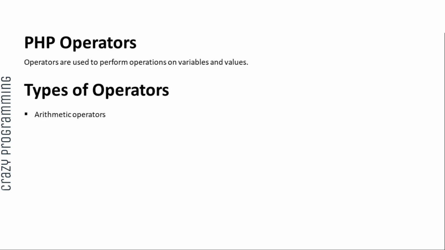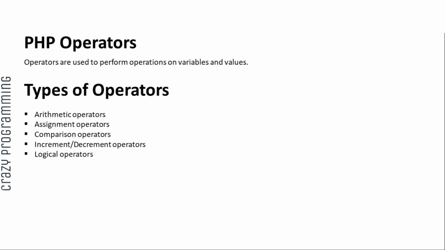The first operator is the arithmetic operator, the second one is the assignment operator, and the third one is comparison operators, increment or decrement operators, and the next logical operator, and then string operators. We are going to have every single operator with an example in the next page, and then array operators and conditional assignment operators.